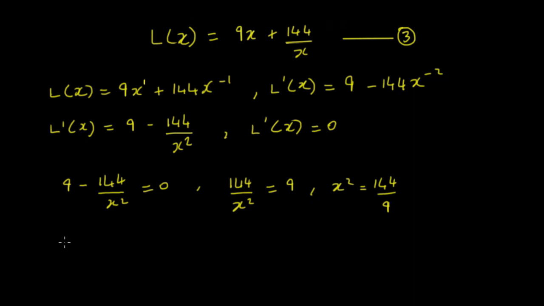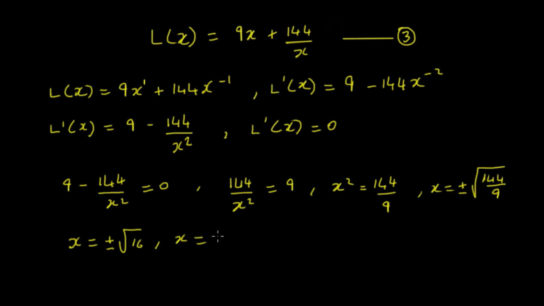So therefore x is going to be equal to plus or minus the square root of 144 upon 9. And don't forget the plus and minus here, it's both values whenever you're taking a square root. So when we take the square root of that, we're going to get x equals plus or minus the root of 16.